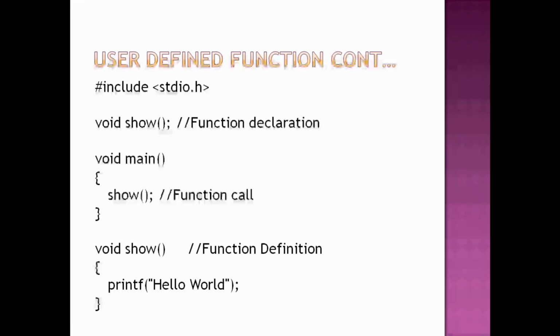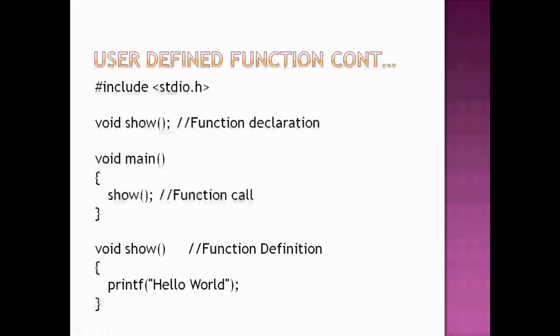That's why I told you in the first slide that in every program at least one function will always be there, that is the main function. In a similar way we have written here a void show function. This line is called a function declaration. That means this function we are going to write somewhere.